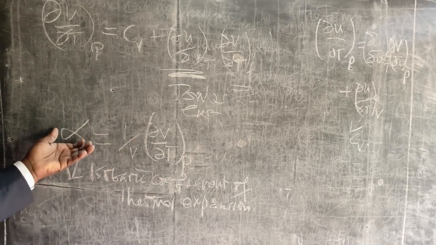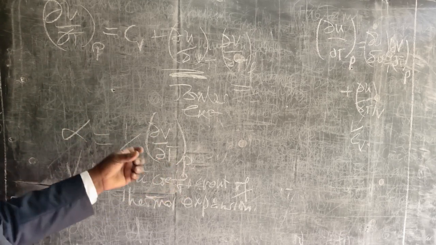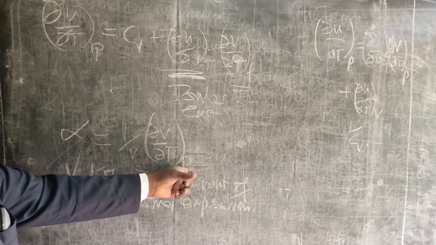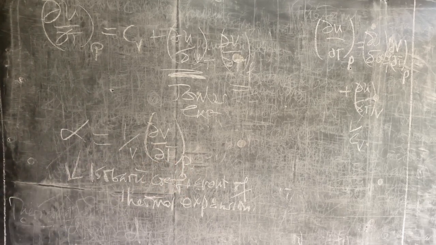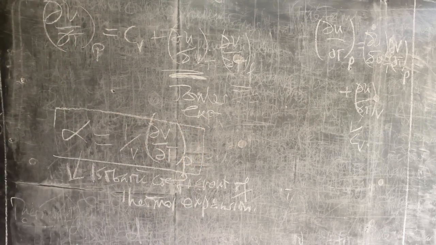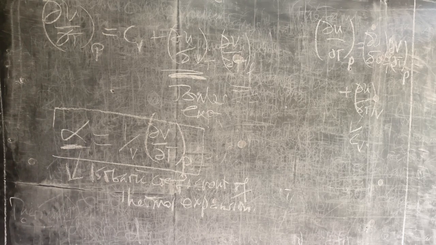I repeat, alpha is read as del V del T at constant P per unit volume, or change in volume with temperature under constant pressure per unit volume. And like I said, you can calculate volume and temperature for various quantities if you have their alpha values. It becomes very, very important.